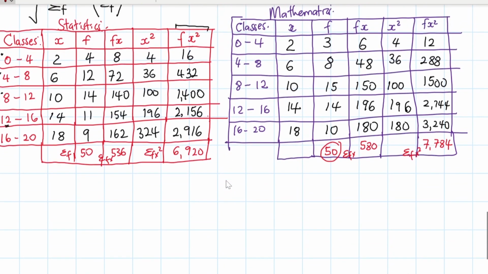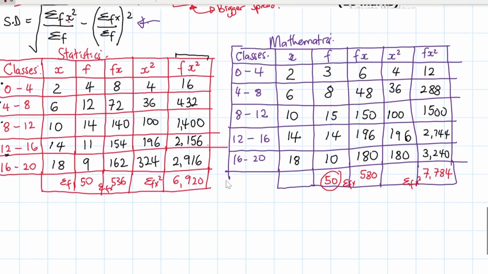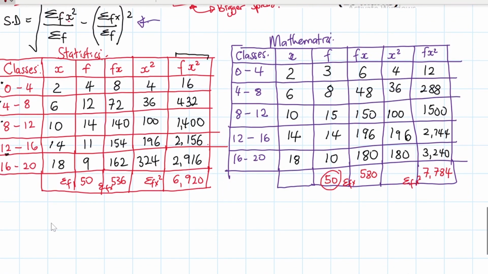Now that we have put the things in our formulas, it's a matter of just substitution, and we get our answers. Our standard deviation for statistics is going to be the square root of the summation of f x squared over the summation of the frequency, minus the mean squared.